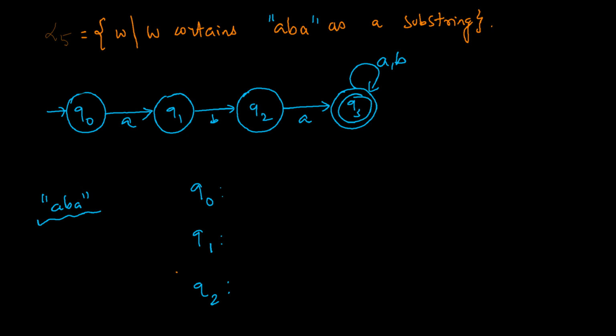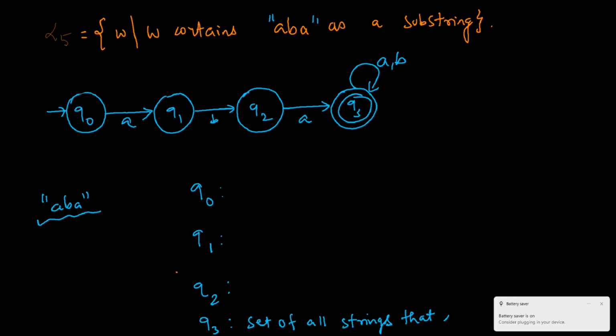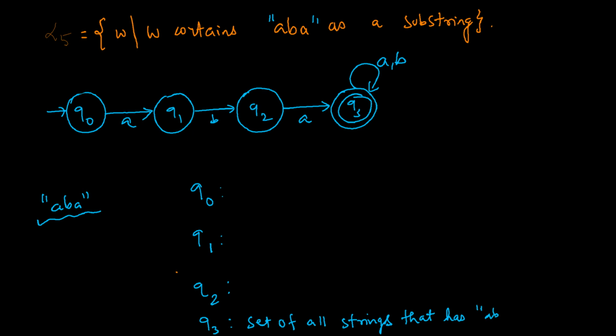Q3 represents the set of all strings that has ABA as a substring.